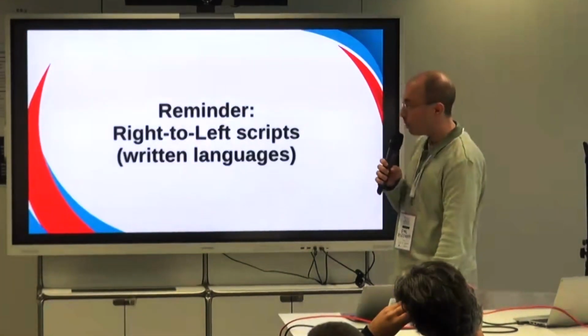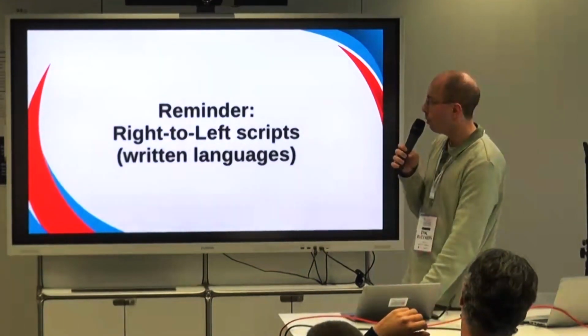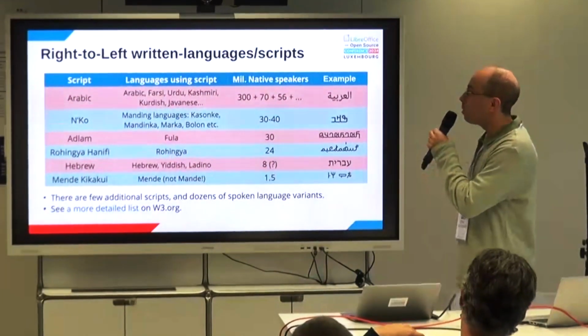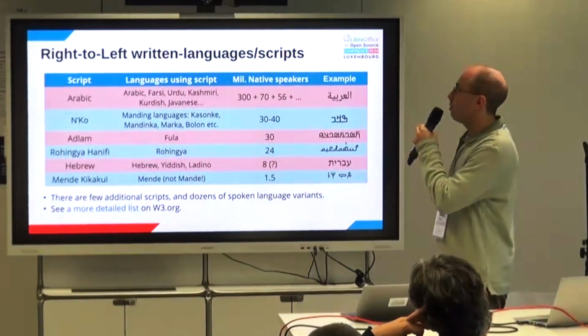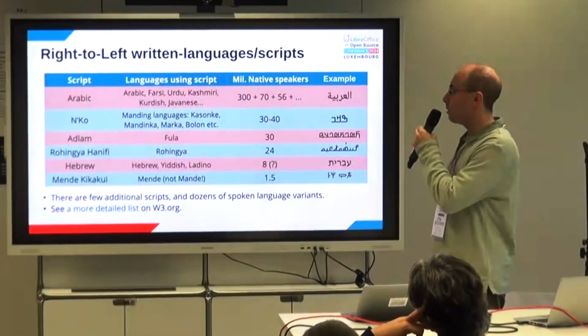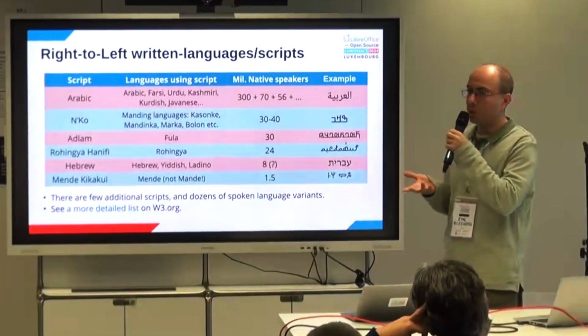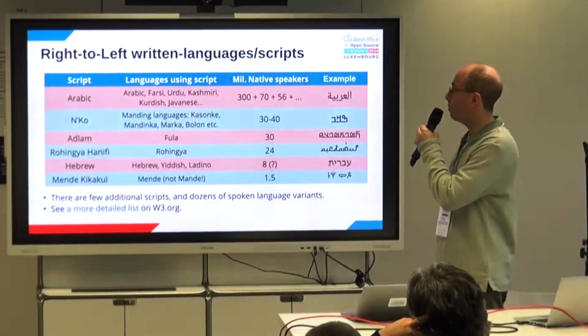Let's start with our reminder, especially for whoever in the room is not very familiar with the subject. Languages that are written right to left, sometimes we call them scripts, because the spoken language and what we use to write it is often not the same thing, depending on where you're living and what you speak.